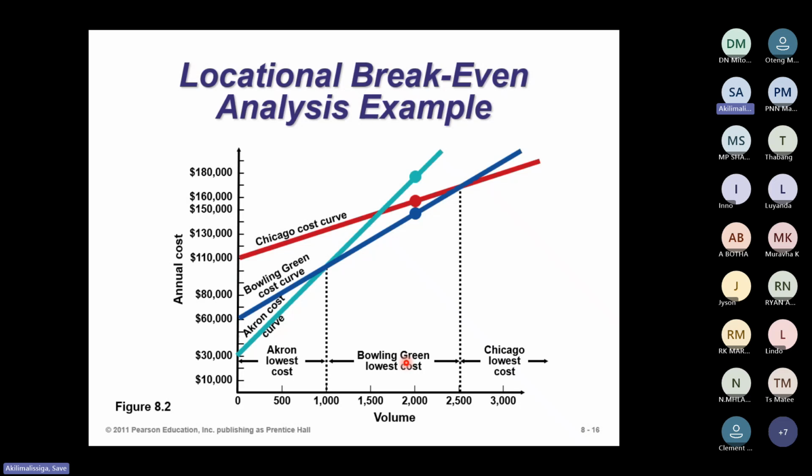From this graph, you are now able to analyze and tell which location is the best based on the volume that the company is expecting to produce. But how do you come up with this graph? That is the question that we have to ask ourselves. How do you plot this graph? Because you need certain values in order to plot the graph.